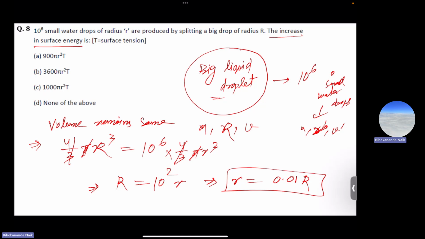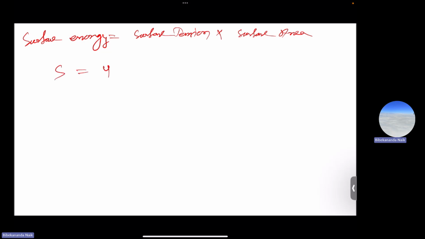So now the question comes, what is the value of surface energy? The value of surface energy is given as surface tension into surface area. So now let's calculate the increase in surface area. We know surface area is given by 4 pi r square.